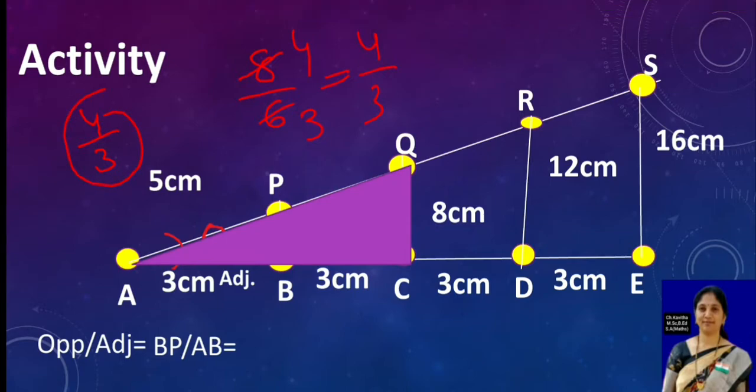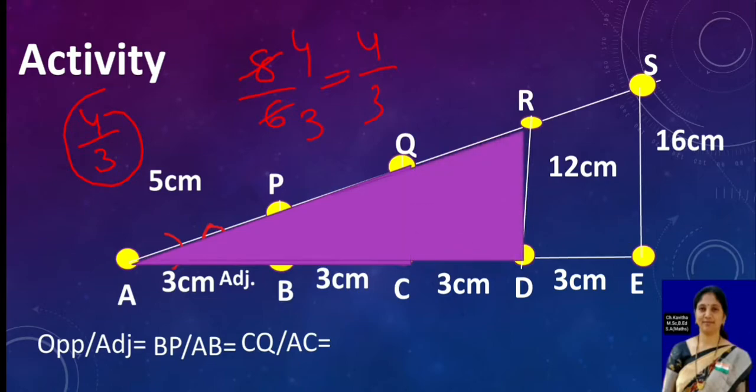Which is equal to opposite, that is CQ, by adjacent, that is AC. If you consider the other triangle, then here also it is opposite by adjacent. So here 12 by 9, and by cancelling we get 4 by 3.